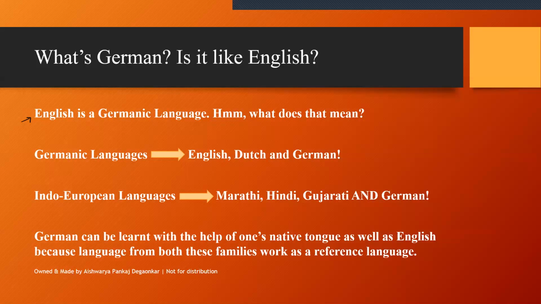That is, we can use English as well as the Central and North Indian languages as a reference language. What's a reference language? You try to relate something in that other language to learn German. But a reference language is not to be confused with the language that you use for translation, because translation is not a good approach to learn the language.